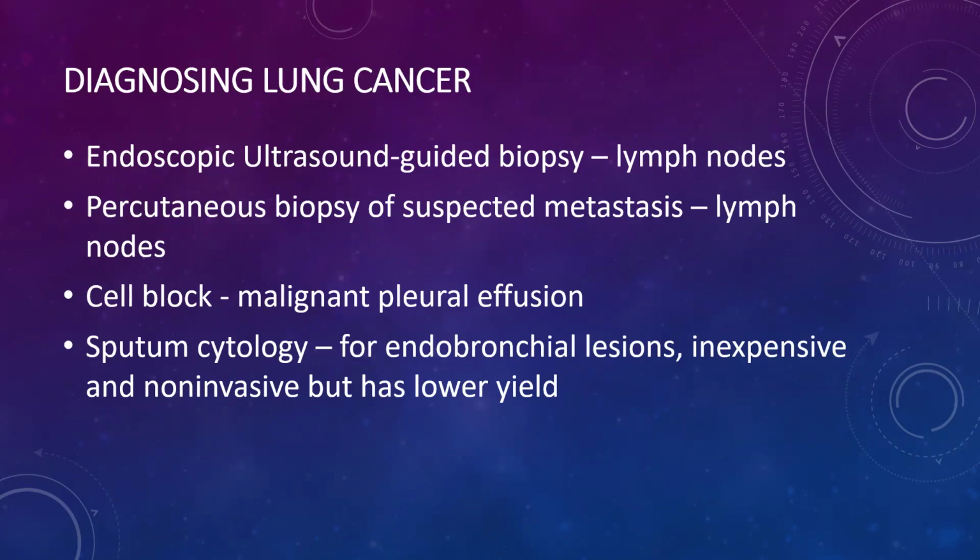But yes, this is inexpensive. However, it has a very low yield. So sometimes we really don't get a positive result from your sputum cytology. But this is an option if your patient refuses to undergo those invasive procedures.